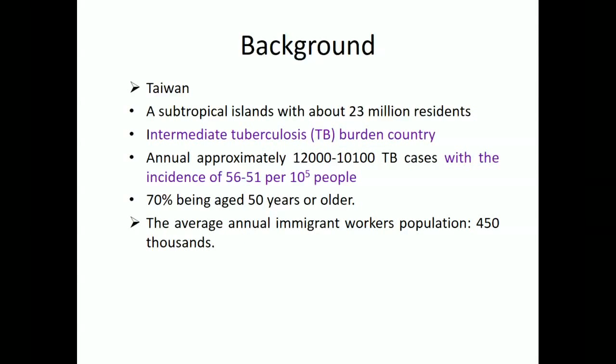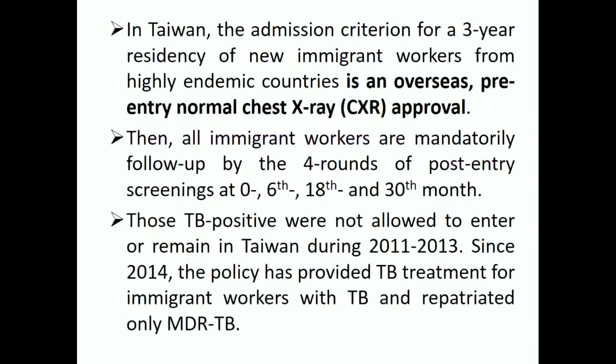Taiwan is an intermediate tuberculosis burden country with approximately 50 per 100,000 people having TB, and most of the TB cases were aged over 15. The average annual immigrant worker population is about 400,000.